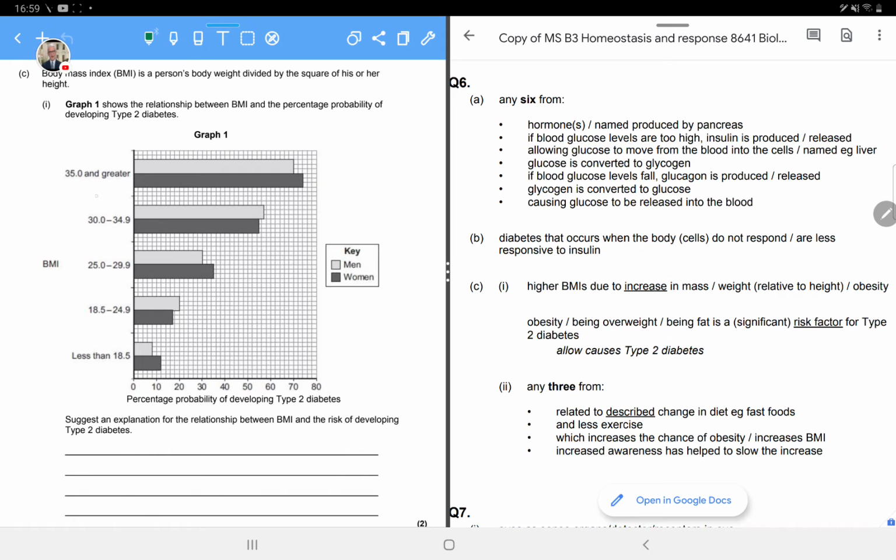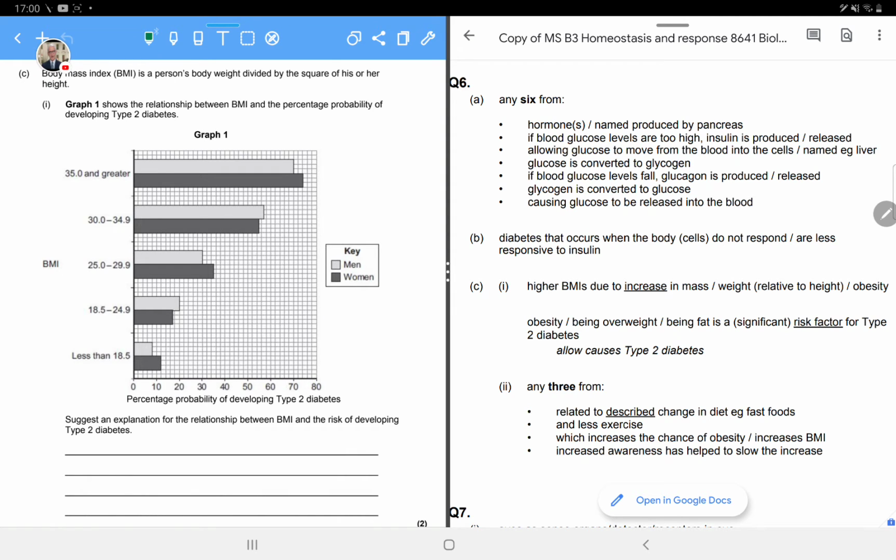You can see clearly that with a BMI of 35 or greater, you have got a much bigger chance of developing type 2 diabetes. Interestingly, that's higher in women at 35, and then going down to the lower BMIs, you obviously got less chance. So there's an increasing trend.